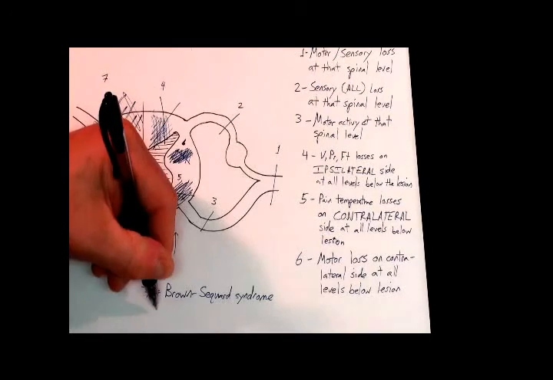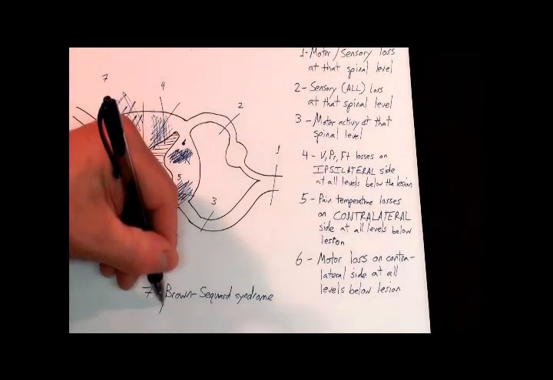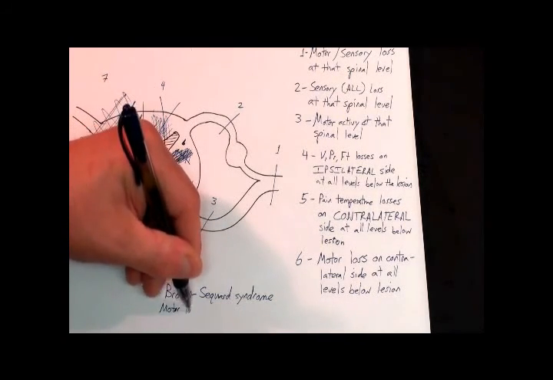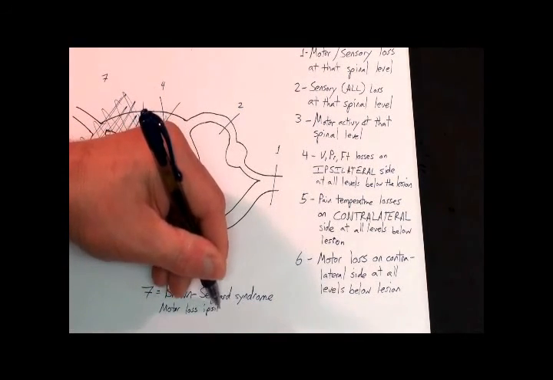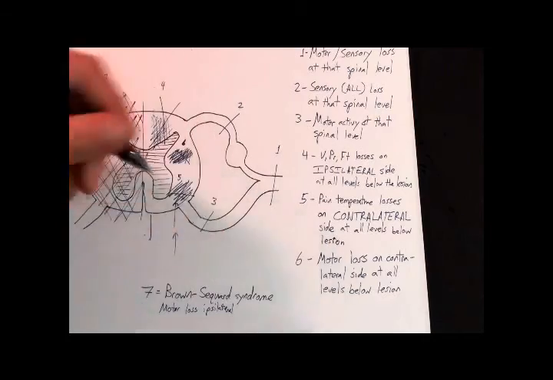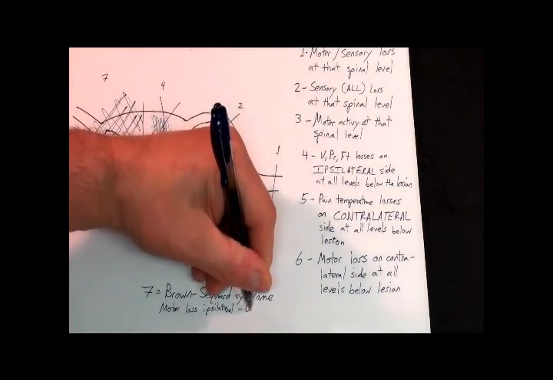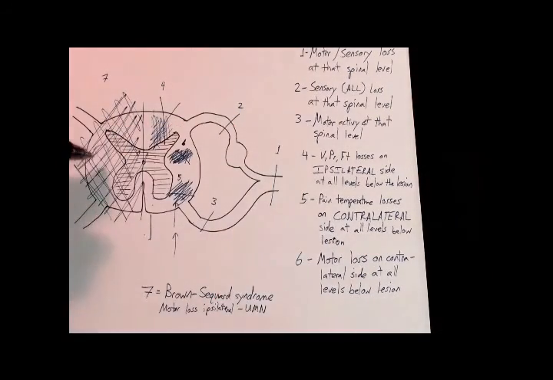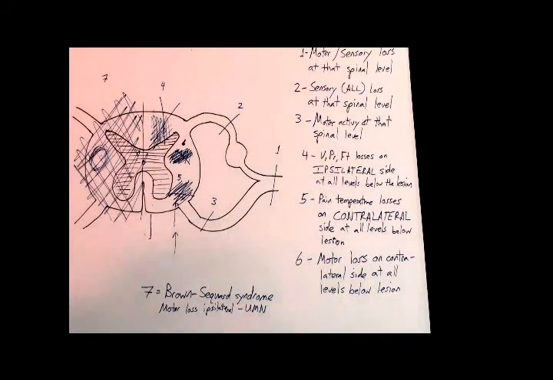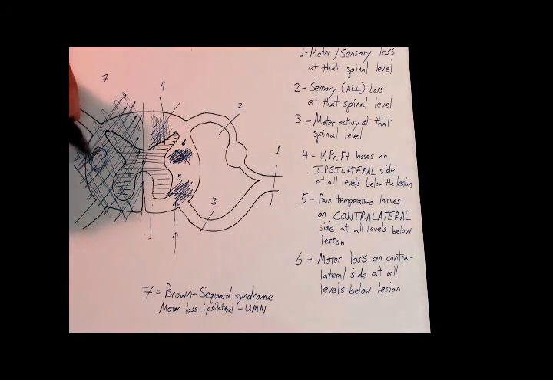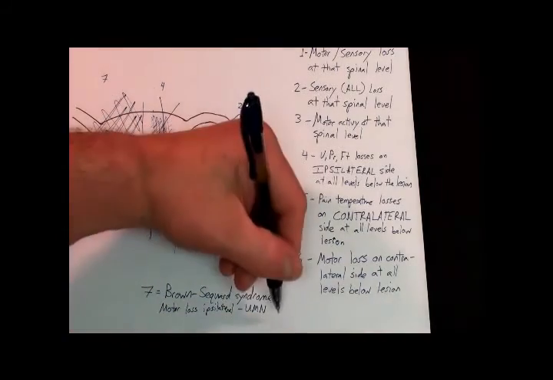So we've got loss of motor on the ipsilateral side. And that's going to cause upper motor neuron signs. So spastic activity of the levels below the lesion, fasciculations, or kind of just rigidity, hyperreflexia is going to result from that, upper motor neuron signs.